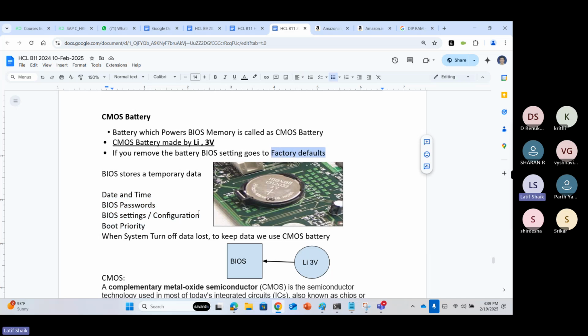Okay, guys, this is a lithium 3 volts battery, also called the BIOS battery or CMOS battery. To keep data, we use the CMOS battery. Even if you shut down your PC, this data won't be gone because of the battery power supply.